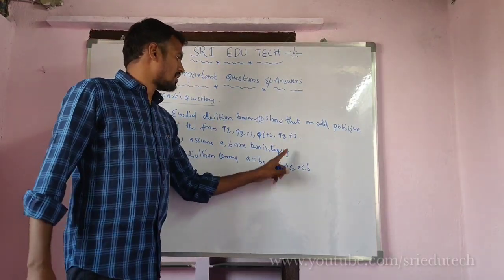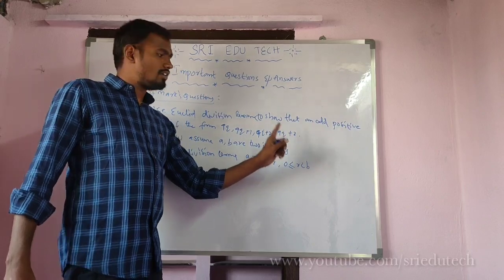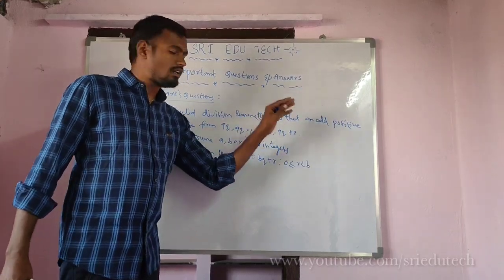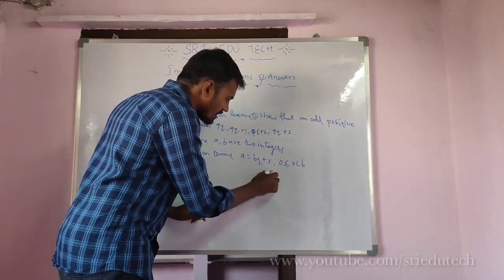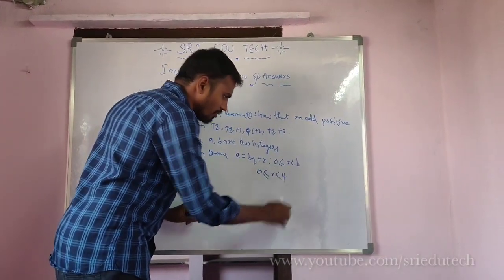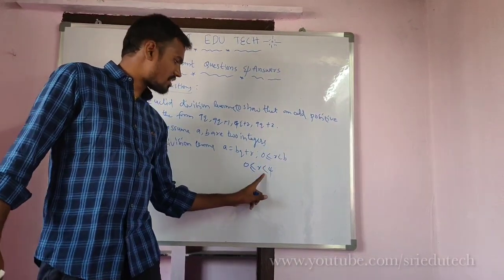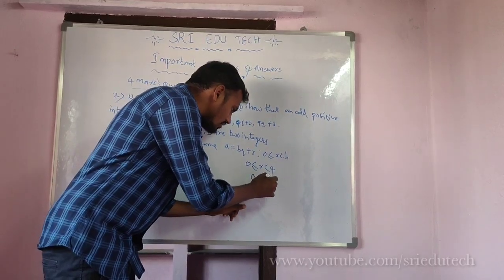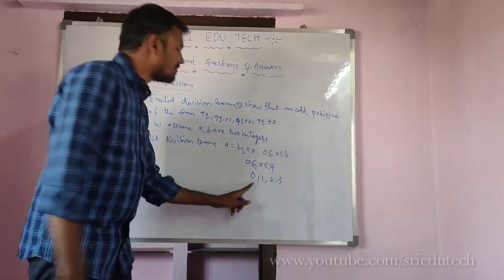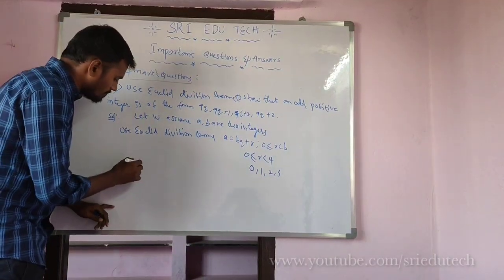See here, the statement ends with 3, right? We have to add one more number, then write it 0 less than or equal to R less than 4, then we get this series. See, less than 4 means 0, 1, 2, 3. Right? So now apply here.